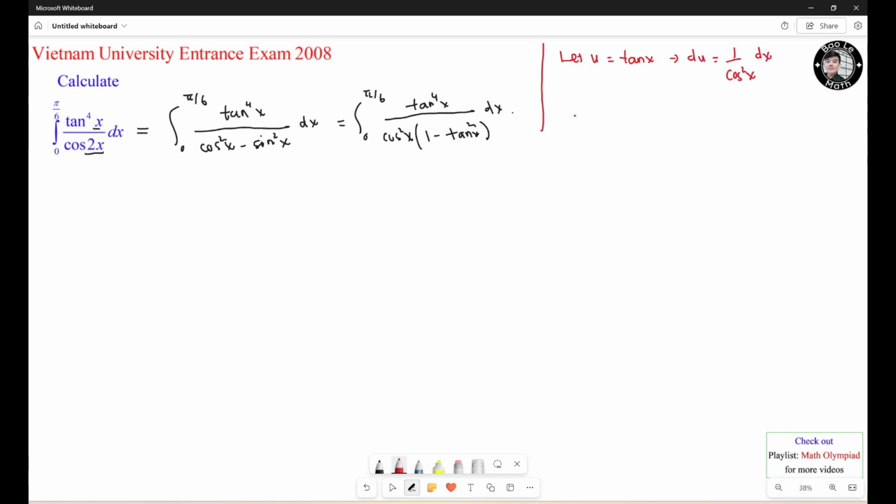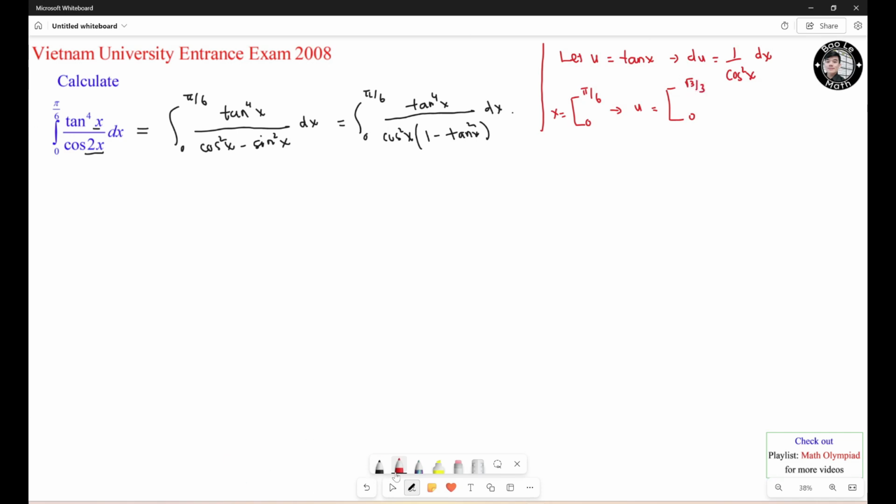Now we need to change the bounds. We have s equals 0 to pi over 6, and then u equals tangent 0, which is 0. Tangent pi over 6 is going to be root 3 over 3.